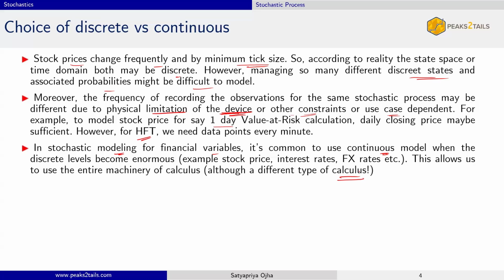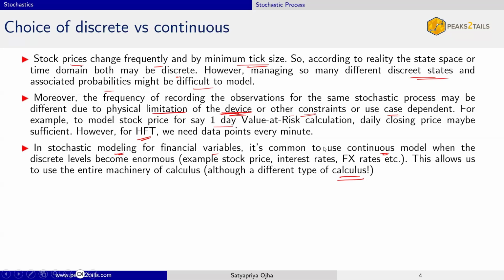That is what stochastic calculus is all about. It is the study of stochastic variables or stochastic processes using calculus to treat the stochastic process. That is stochastic calculus, which we'll be discussing next class. So the preferred approach is continuous because then you can use calculus.